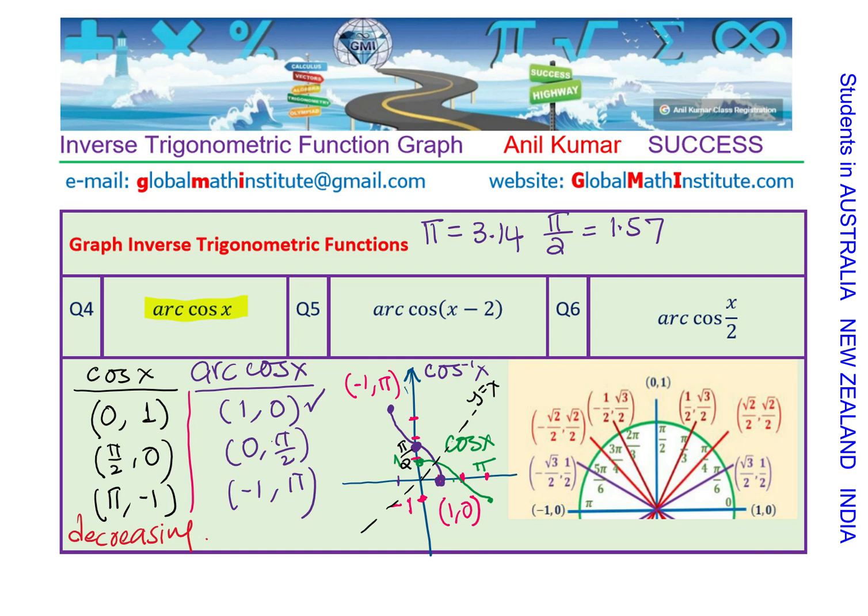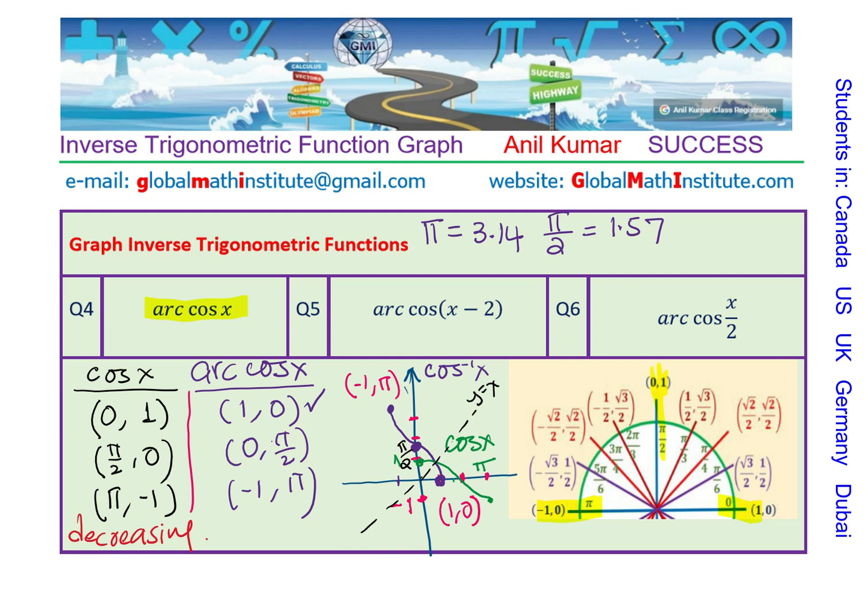Now, for getting more values, we use these values. At 0, we use 1, correct. And at pi by 2, we swap this value and pi. So in the unit circle, only quadrant 1 and 2 takes care of the cosine inverse function. Is that clear to you?